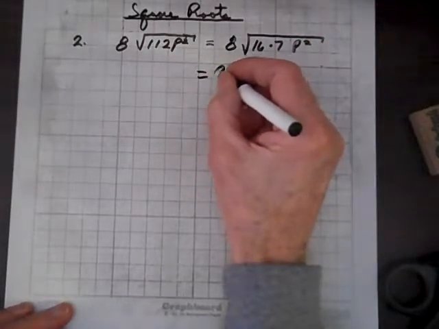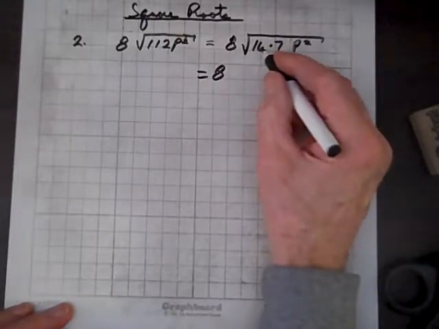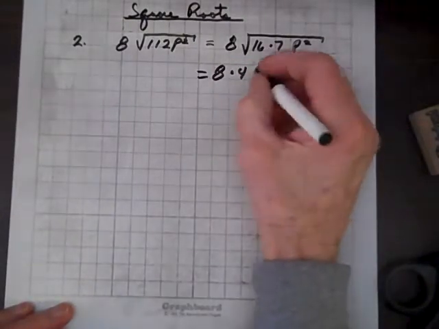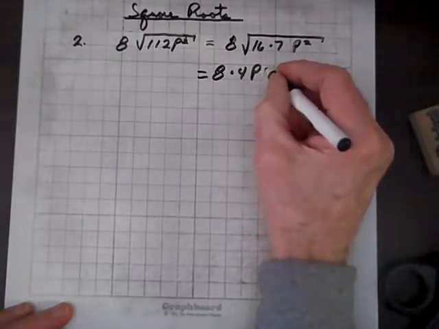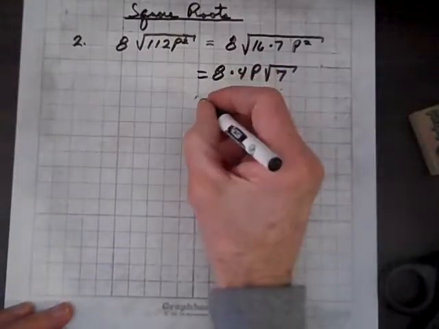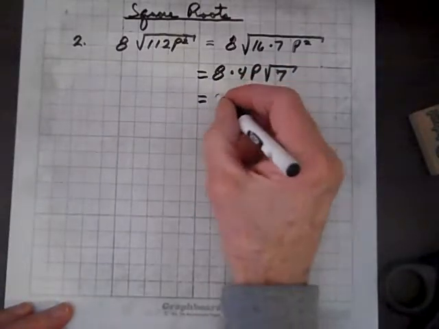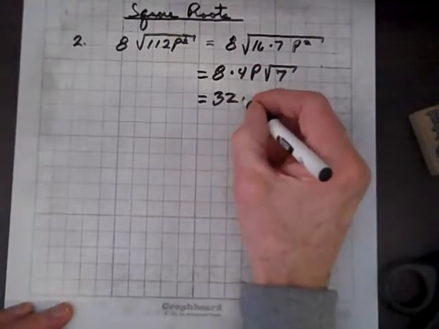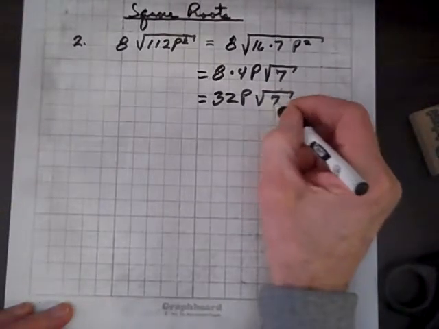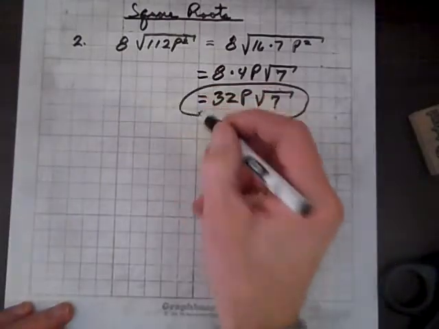So that's going to be 8, and we know that the square root of 16 is 4, and the square root of p squared is p, and we're just left with the square root of 7, and there's nothing we can do with that, so 4 times 8 is 32. There's our friend Mr. P, and square root of 7, and we've simplified it.